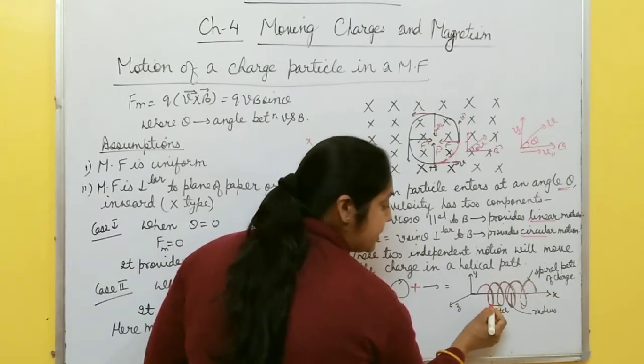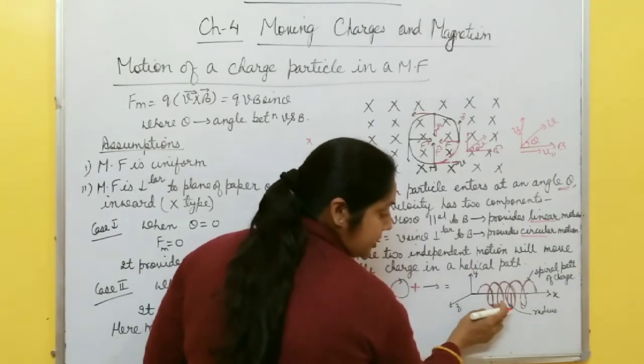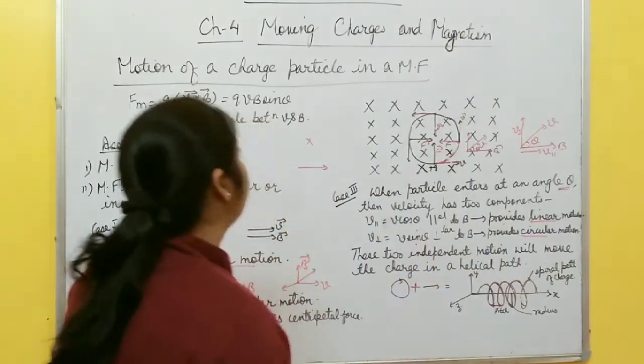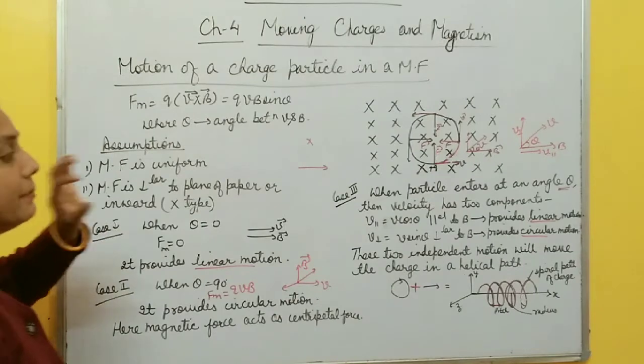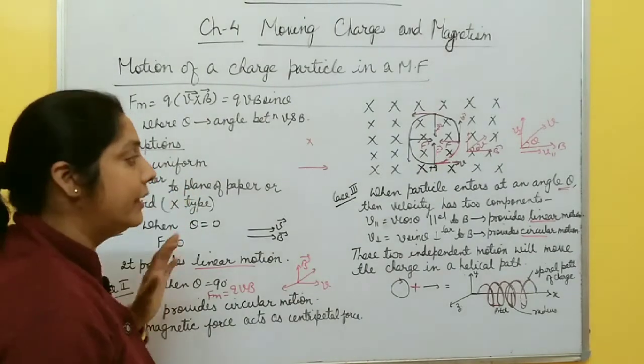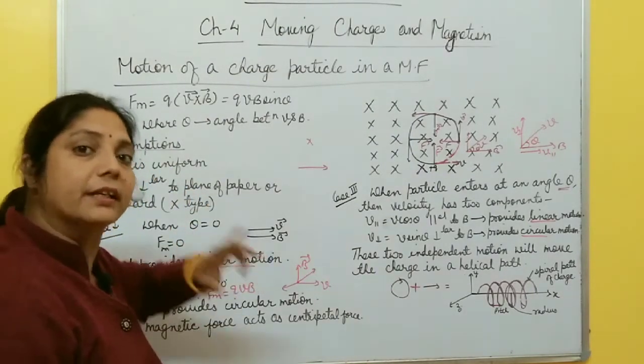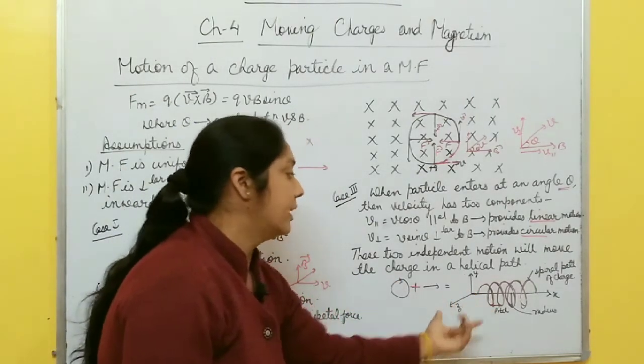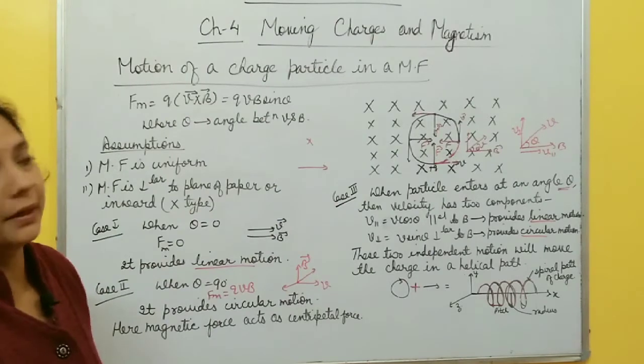There is a pitch distance between these two circular motions. There is a linear distance that is called pitch. So in this way, when a particle moves at some angle theta with the magnetic field, it has both linear and circular motion, and both motions combine to give a helical path of the particle.